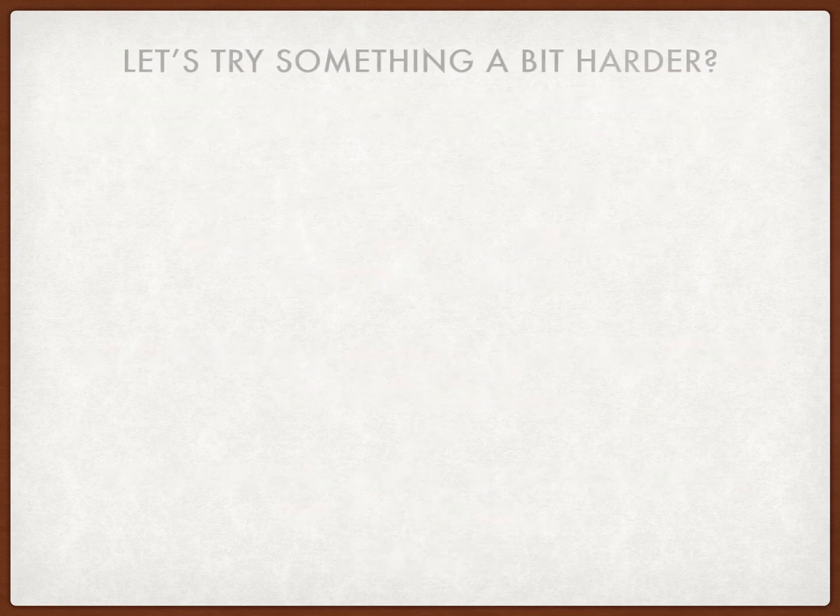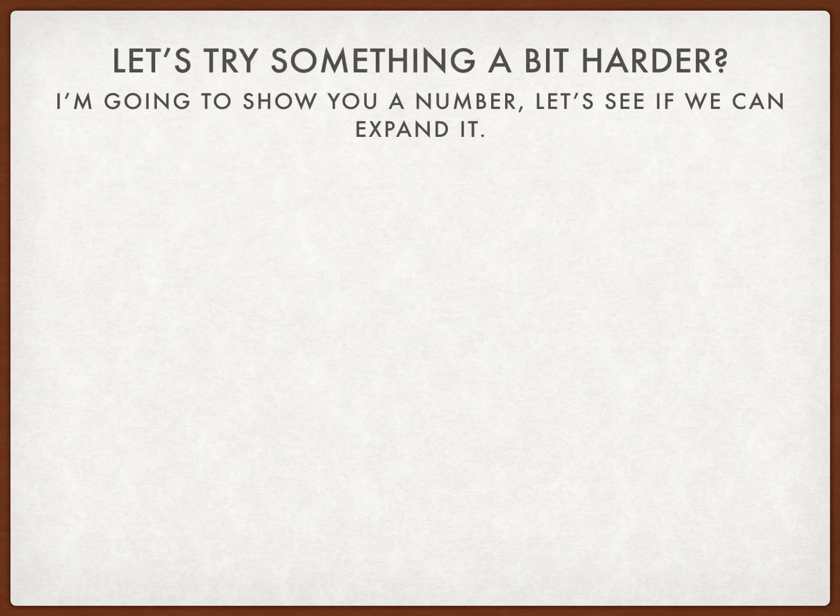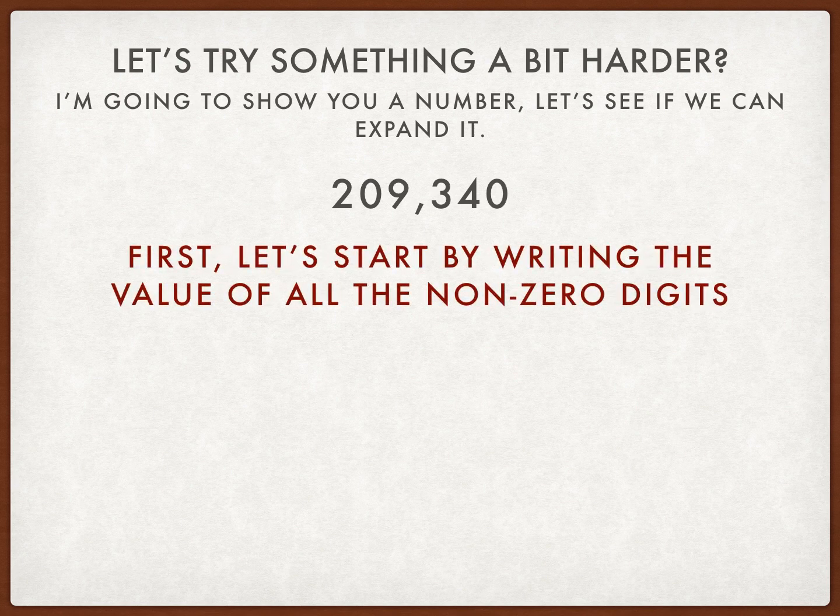Let's try something a bit harder. I'm going to show you a number. Let's see if we can expand it. The number is 209,340. First, let's start by writing the values of all the non-zero digits. So if we look at the 2 in the number above, the 2 is actually worth 200,000.